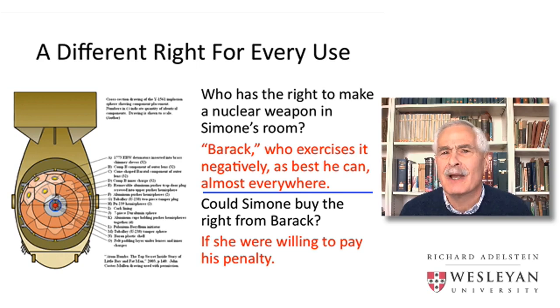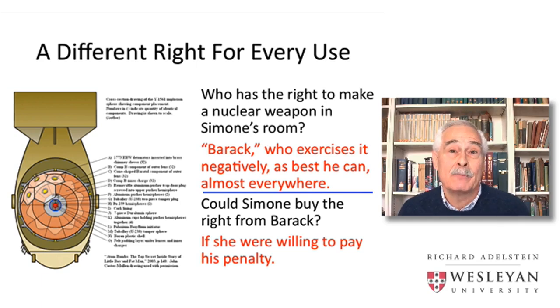Well, not quite everywhere in the United States, because there are two places in the United States, each of them housing a different company, one of them in New Mexico, housing the Sandia Laboratories, and one of them in Tennessee, housing the Oak Ridge laboratories, where America's nuclear weapons are made.